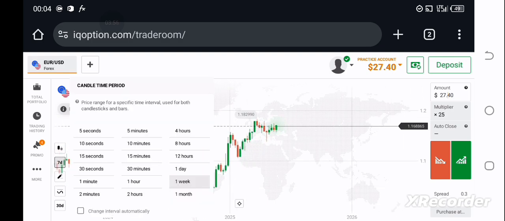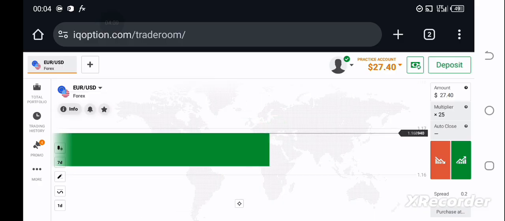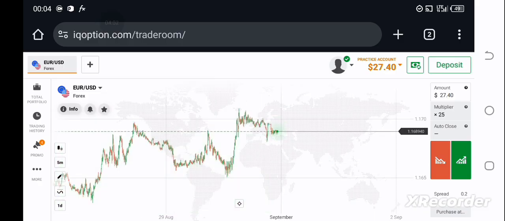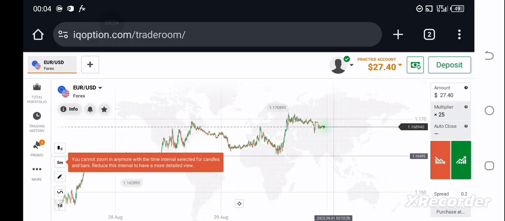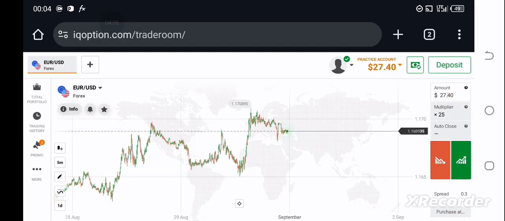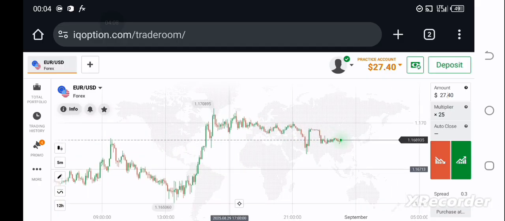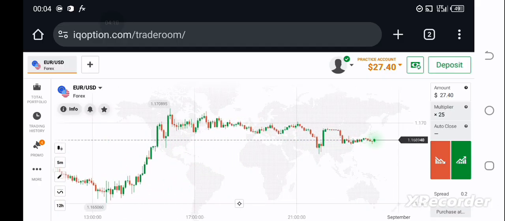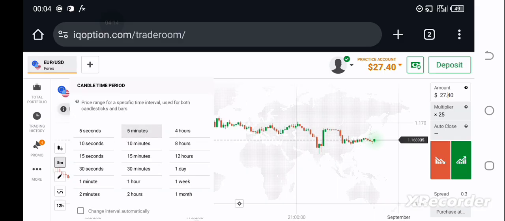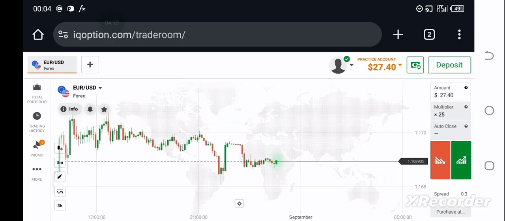This is the 7 days chart, which is 1 week. Let me change it to 5 minutes. So you can open your position for 5 minutes, 10 minutes, 15 minutes, whatever. Candlestick time frame, this is 5 minutes.